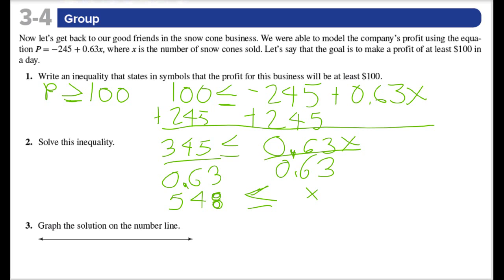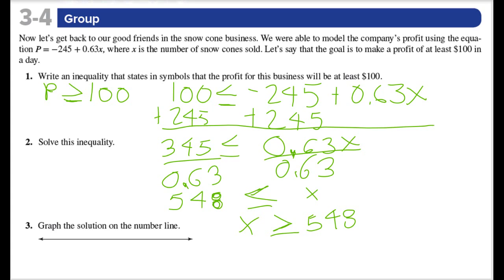And a lot of times people like to rewrite this, and I do too. We get used to putting the x on the right when we write the original equation, but we get used to putting it on the left when we write our answer. So we want x to be greater than or equal to 548.